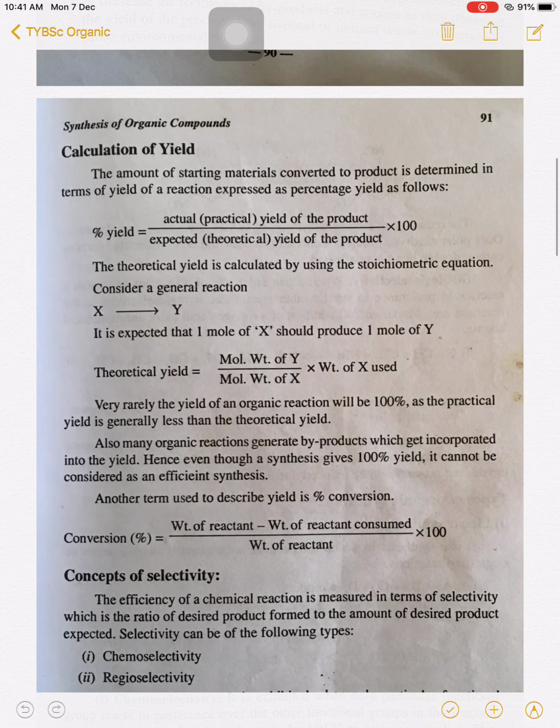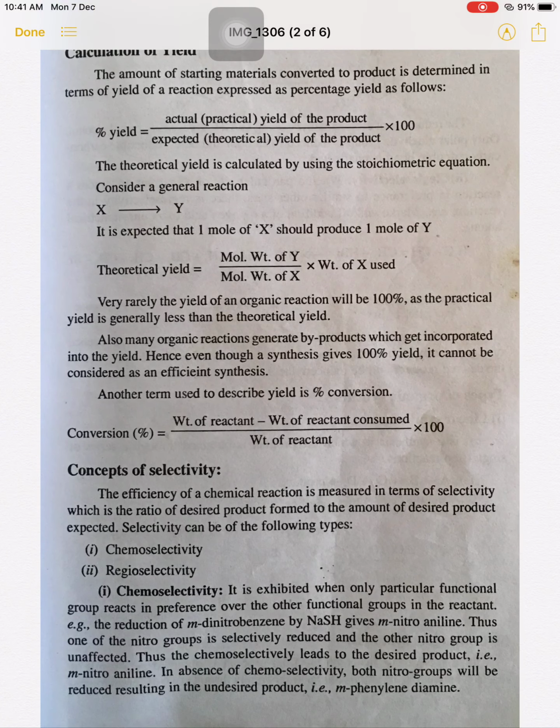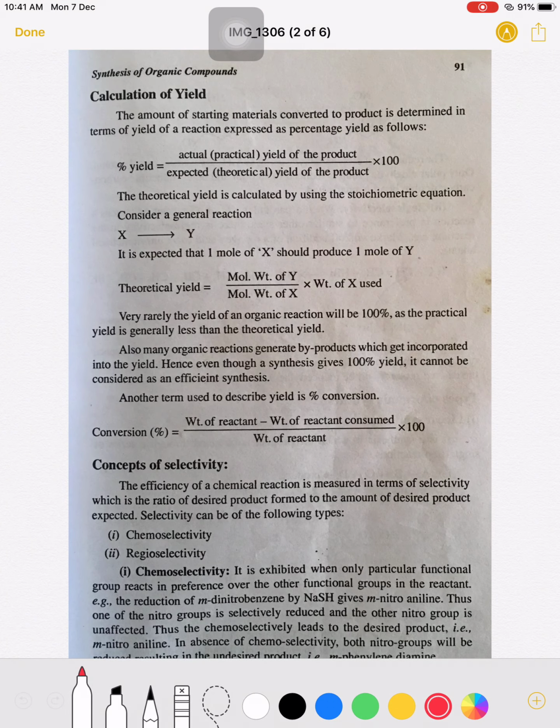So next is calculation of yield. How are we going to calculate the yield of organic compounds? Initially, how to calculate the yield, and what are percentage yield and theoretical yield. The amount of starting material converted to the product is determined in terms of yield of a reaction, expressed as percentage yield.